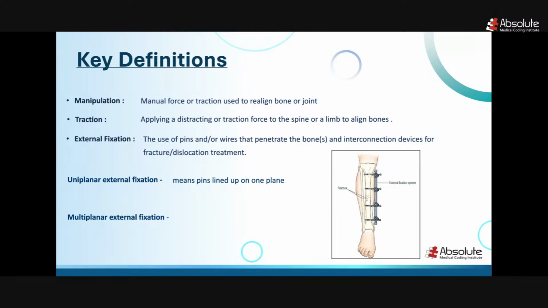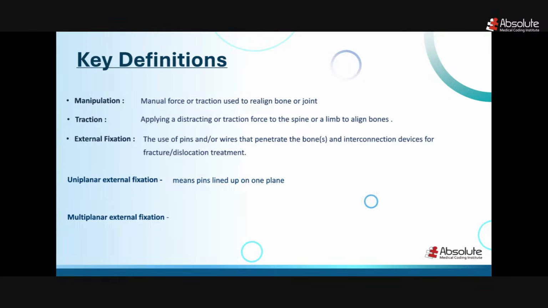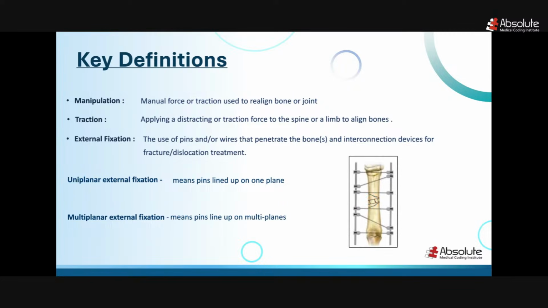And then we have multiplanar external fixation devices. So here the pins and the wires are placed in multiple planes, held together with stabilizing or tensioning rings. Okay, again, that simply means pins are lined up on multiple planes.